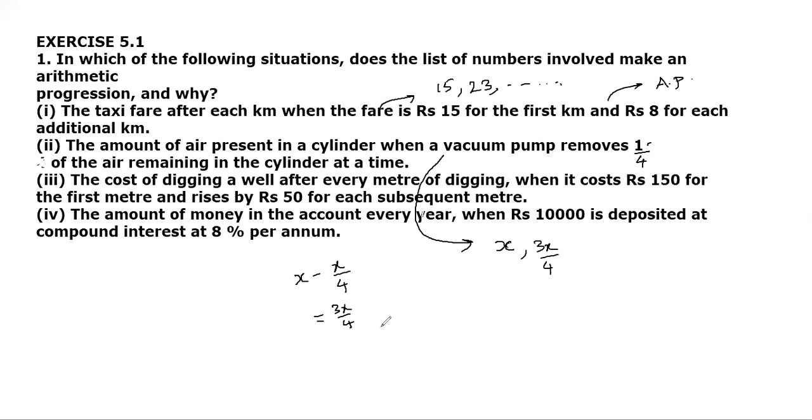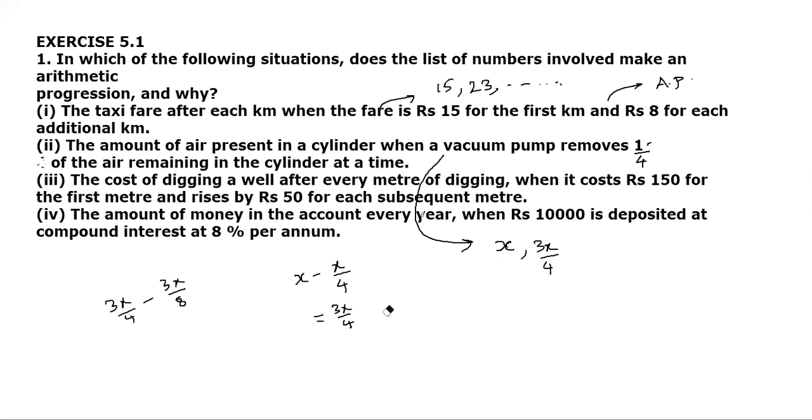Now again, 1/4 of 3x/4 is 3x/8. So from 3x/4, now you have to remove 3x/8. Since 1/4 is removed, we have to subtract.